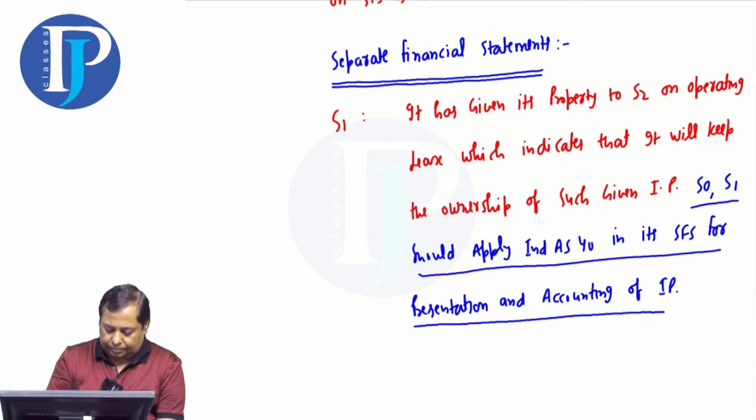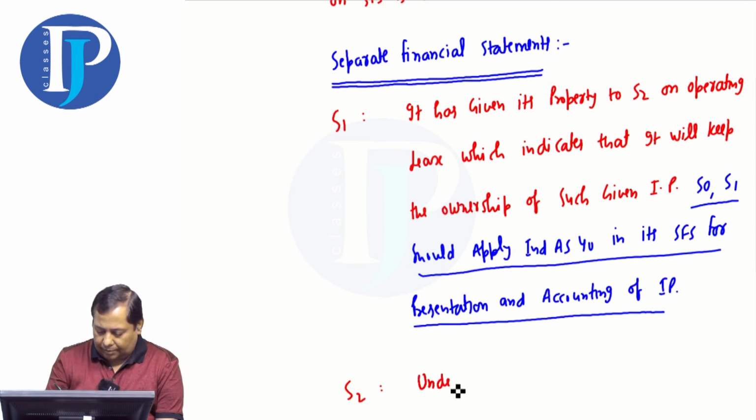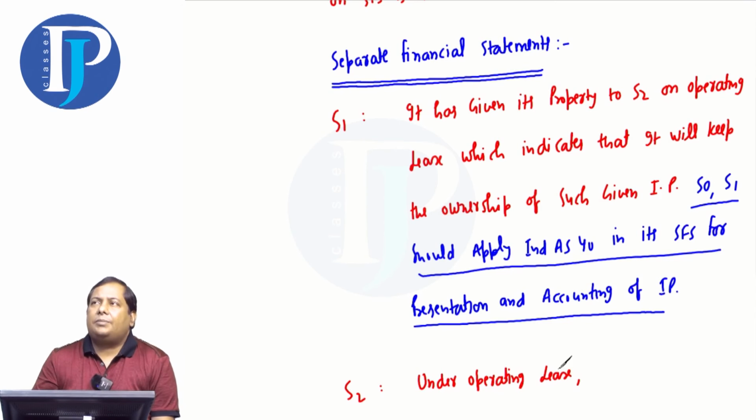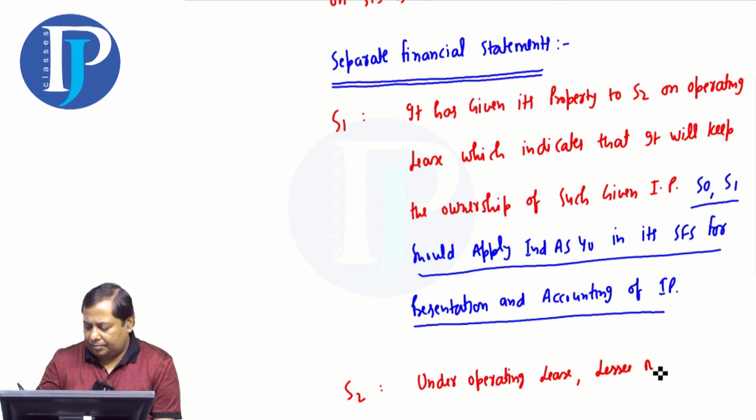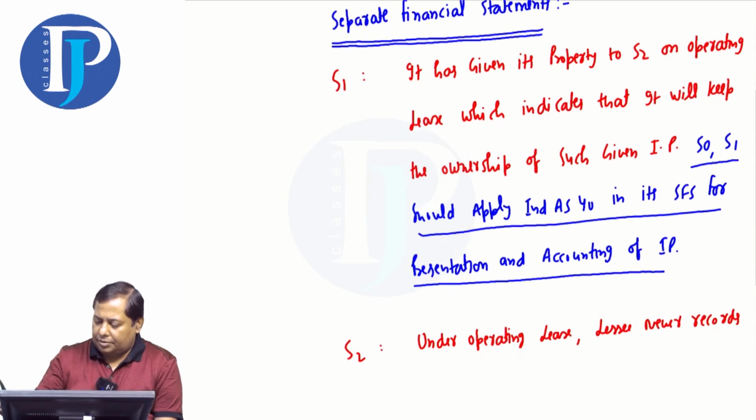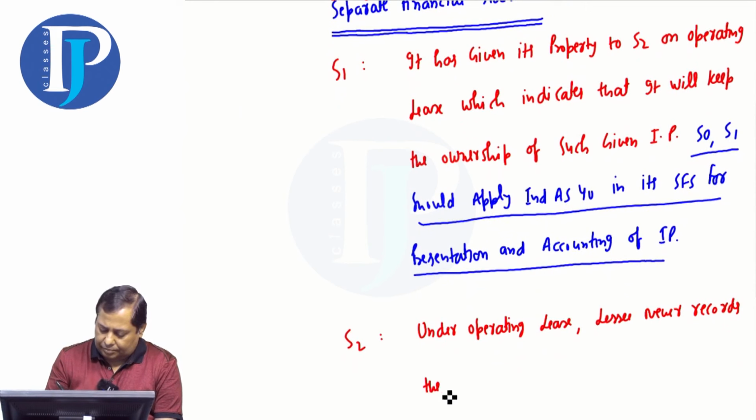S2, under operating lease. In an operating lease, does the lessee ever record the property? No, the lessor remains as the owner. The lessee never records the asset.